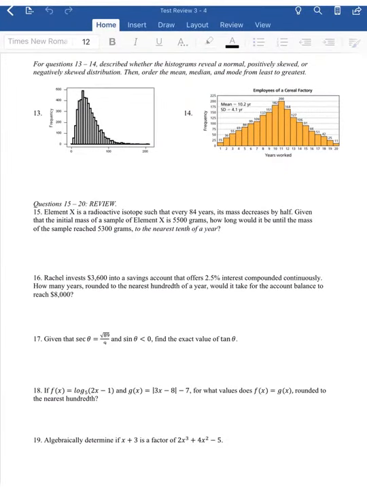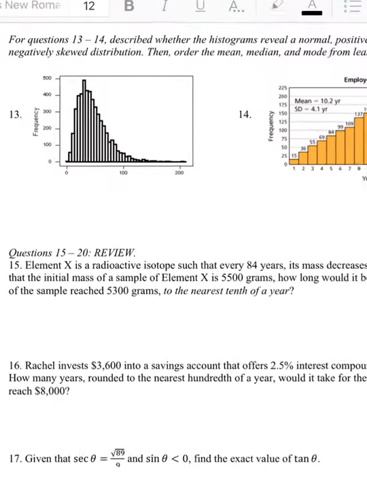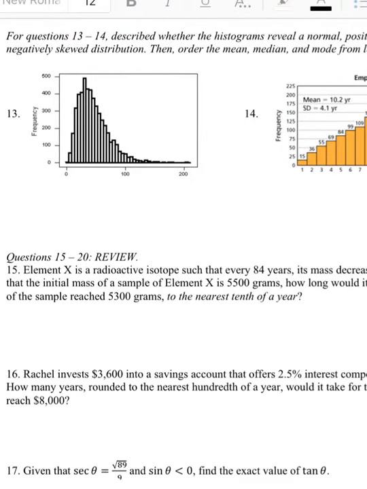For 13 and 14, these deal with curves. So describe whether they are normal, positively skewed, or negatively skewed, and then order the mean, median, and mode. So for number 13, this one looks like this. This has a tail to the right, so this is positively skewed. The mode, your mode is always the bump.